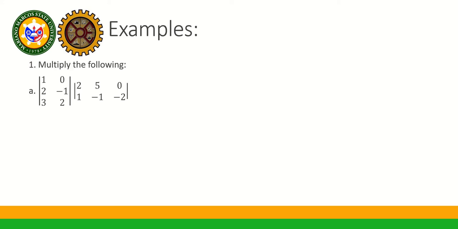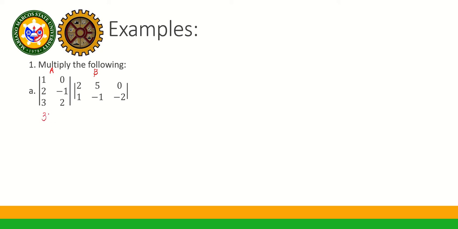Okay, so let's apply it in example number 1. We have matrix A. So, label natin to na matrix A. And this will be matrix B. So, ano size ng matrix A natin? That is 2 by 3. Okay? And then, hindi, baliktad.